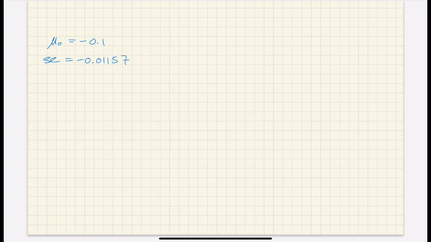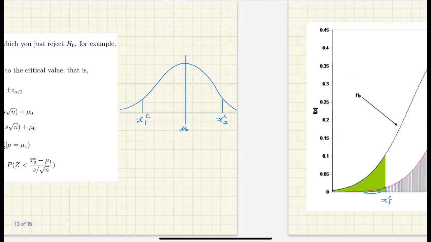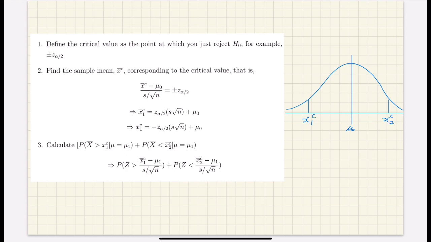We also know that this follows a normal distribution, so you should use the normal distribution table for the critical values, and we are asked to calculate the power of a test at the 5% significance level, given that the true mean mu1 equals negative 0.08. I urge you to stop the video for a few moments and go through the question by yourself using these steps that I have given you.